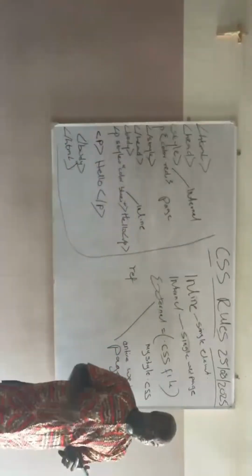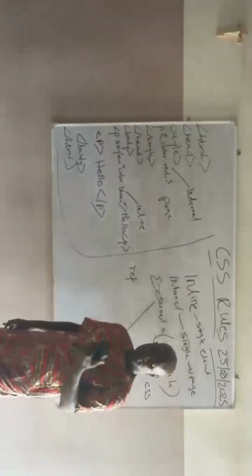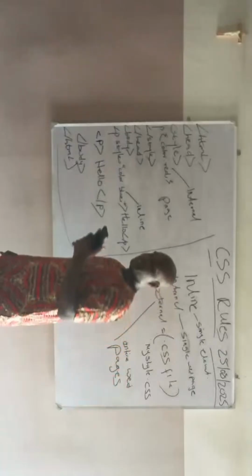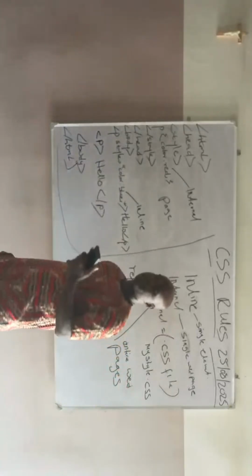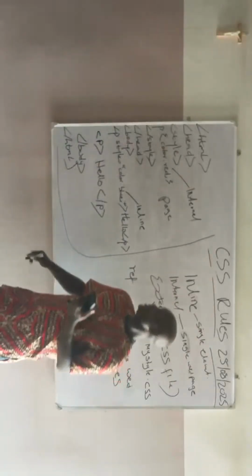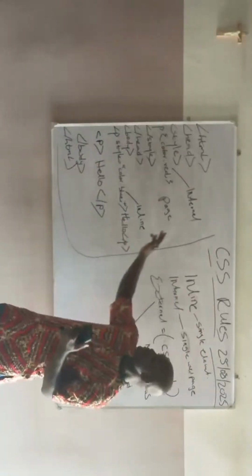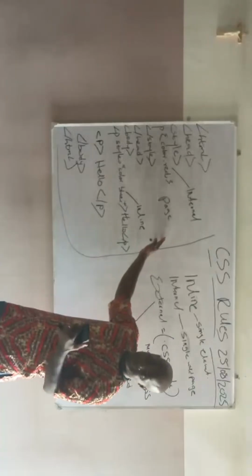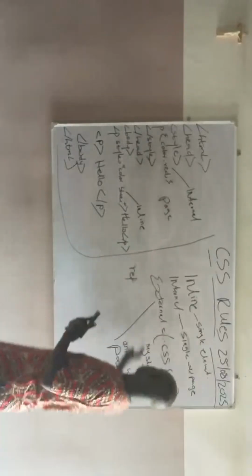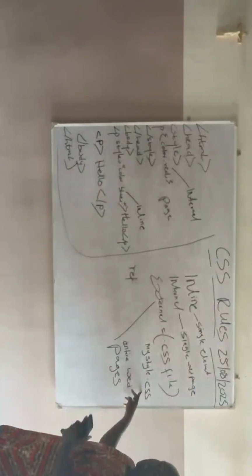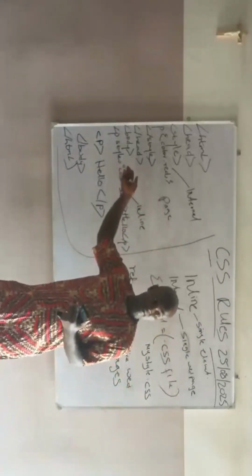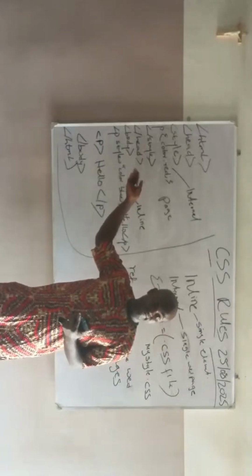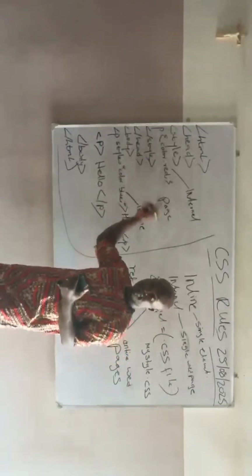Each HTML page must include a reference to the external style sheet file. Each web page that uses your external file, you must reference the file inside it. If not, it will not obey it. You understand? You must reference it here before it will obey it.